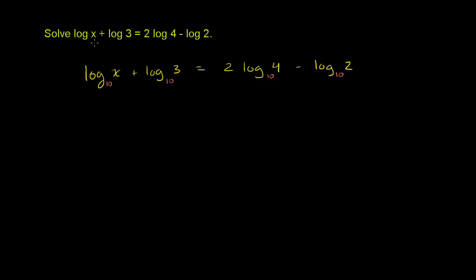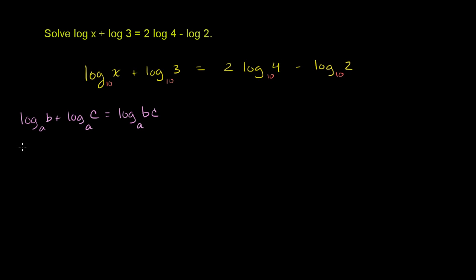So we know, and these are all the same base, that if we have log base a of b plus log base a of c, this is the same thing as log base a of bc. And we also know, so let me write all the logarithm properties that we know over here.